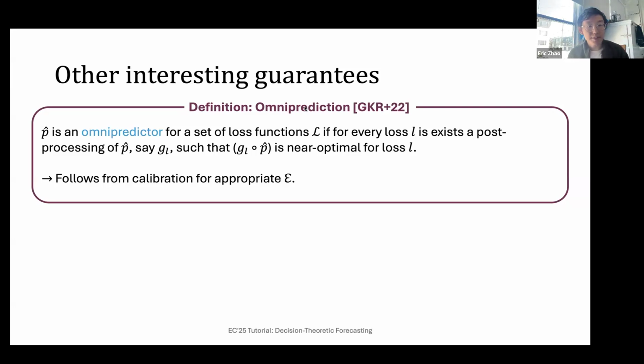This is a very powerful notion. It seems like it's asking for something a lot harder than normal learning. But what you can actually show is that, because this is a consequence of calibration for an appropriate set of events, the worst case sample complexity of omni prediction is not that much asymptotically worse than ordinary PAC learning.